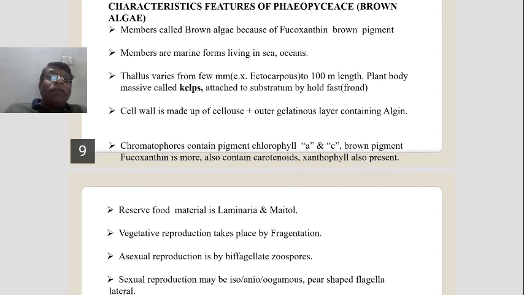Next, where they grow, that is occurrence or habitat. The members are exclusively marine forms living in sea or ocean.